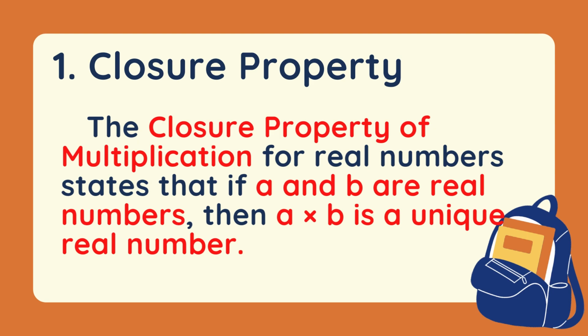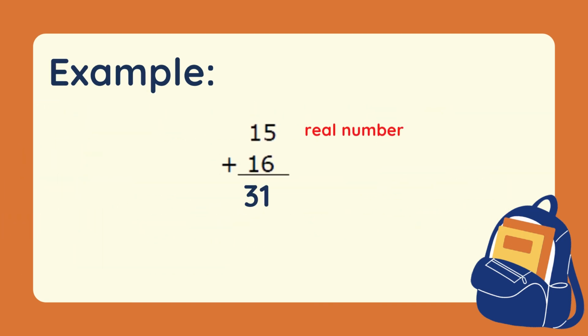Therefore, the closure property simply tells us that if we are going to add or perform any operation among real numbers, the result will always be a real number. Let's have the following example. Okay, so we have here an operation under addition. 15 plus 16 equals 31. 15 is a real number. 16 is also a real number.